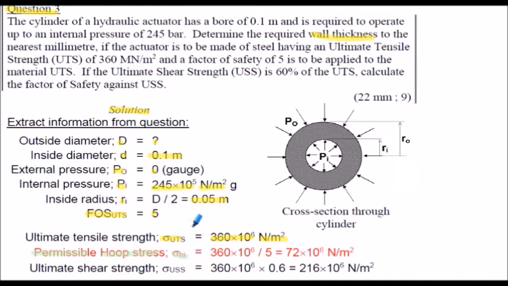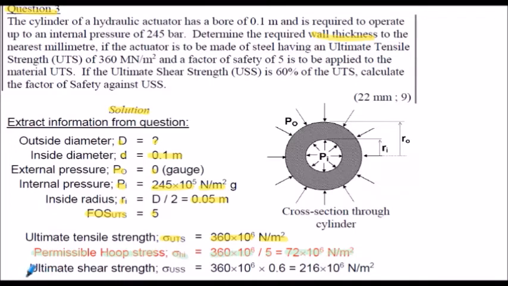Don't forget the hoop stress in this case will be highest at the bore. So that will be limited to 1/5 of the ultimate tensile strength. So 360 times 10 to the 6 divided by 5 is 72 times 10 to the 6 newtons per meter squared. So that's the maximum hoop stress we're allowed to apply at the vessel bore.